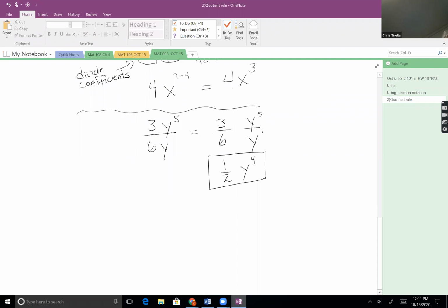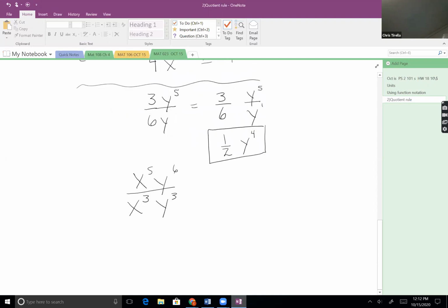One last example. What if I have x to the 5th, y to the 6th, over x to the 3rd, y to the 3rd? We don't have the same bases going across, so we can't multiply.